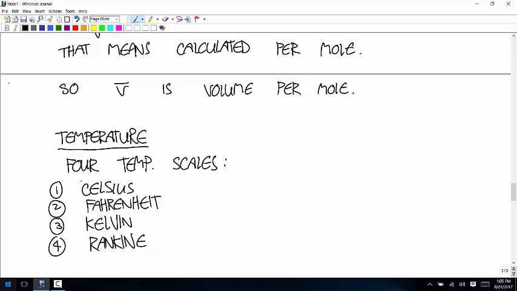Okay, so the idea is, you know what Celsius and Fahrenheit are. Kelvin is the Celsius scale with the 0 at absolute 0.